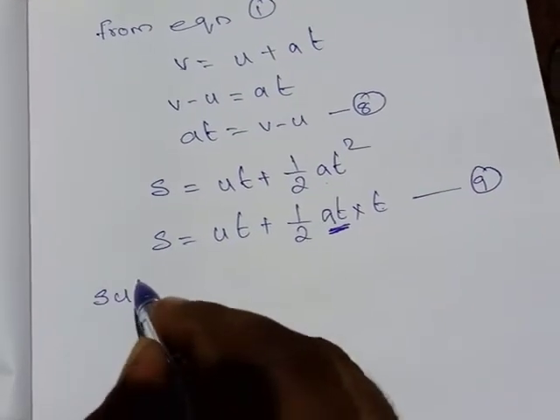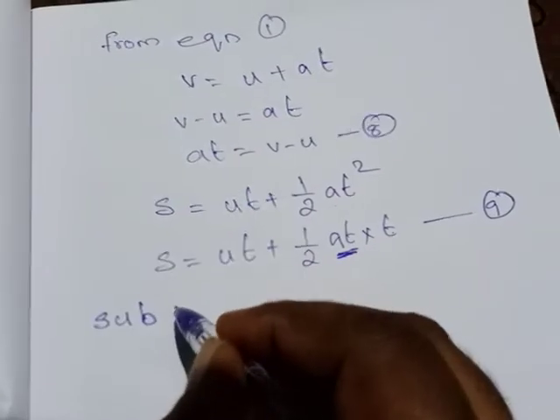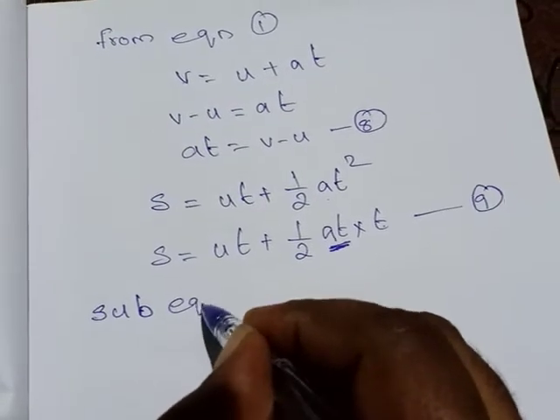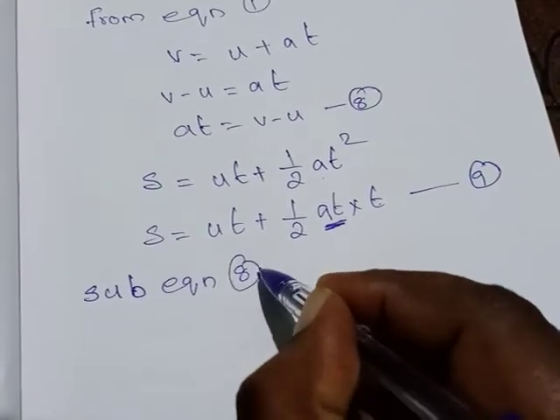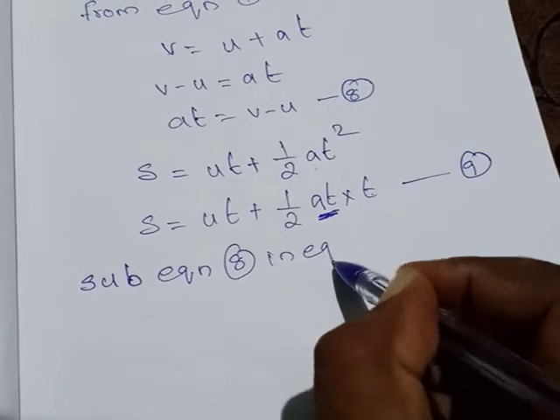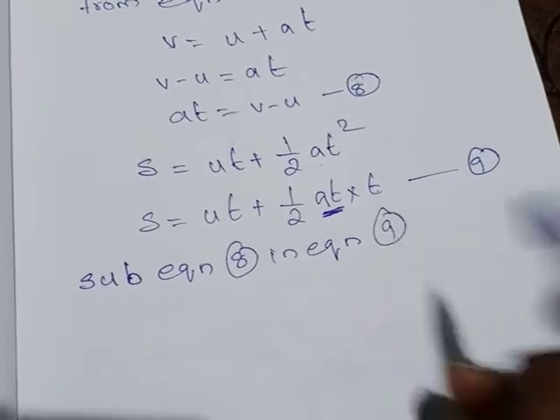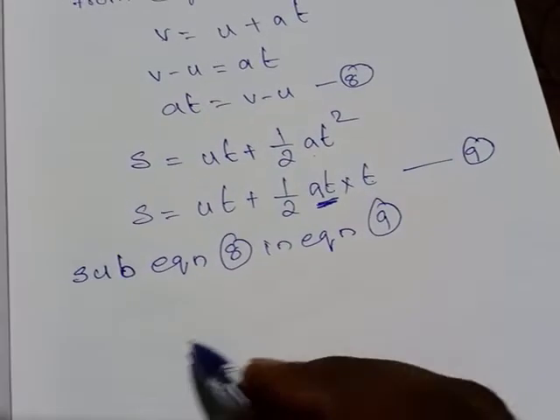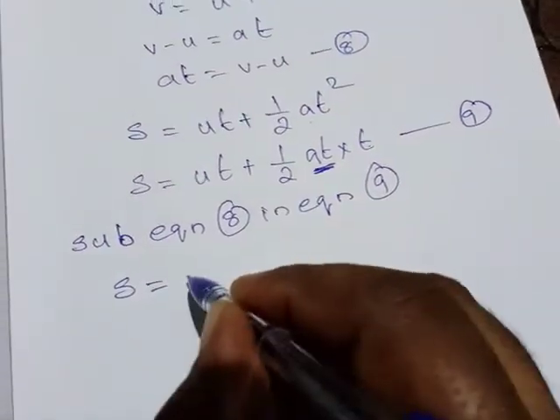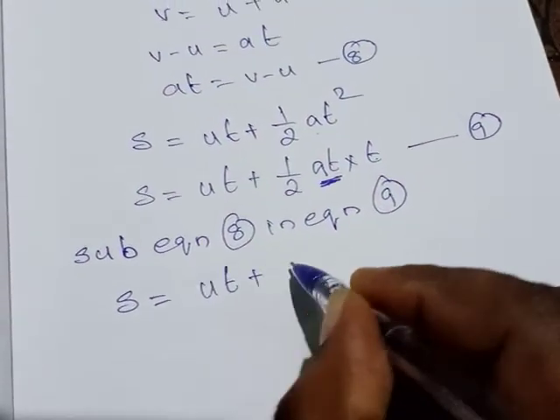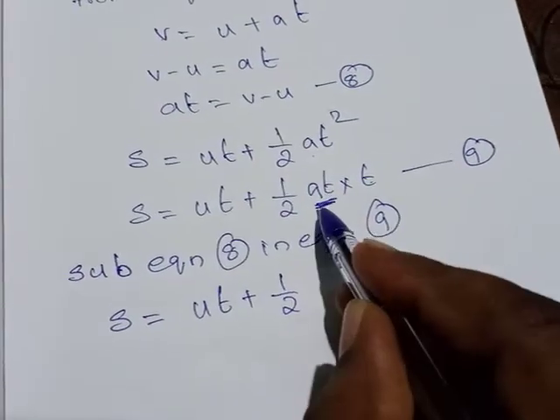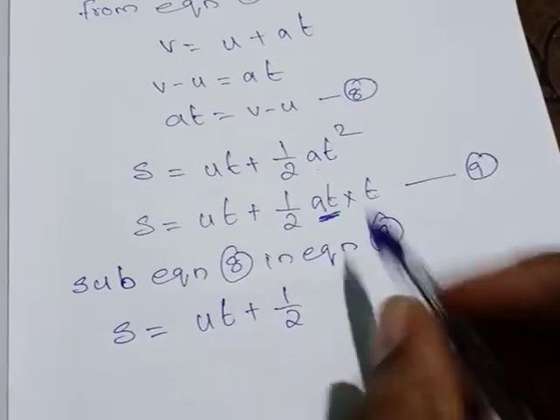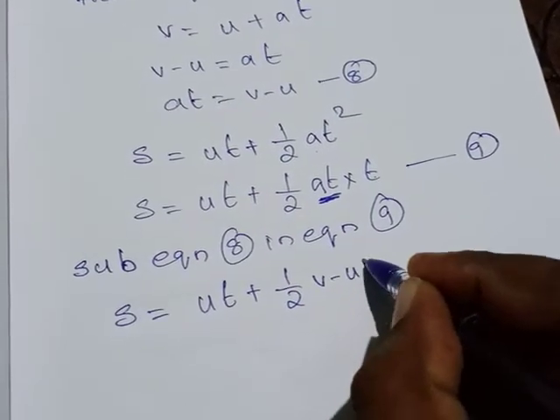So substitute equation 8 in equation 9. So what we will get? S is equal to ut plus half. Instead of at, you have to substitute v minus u into t.